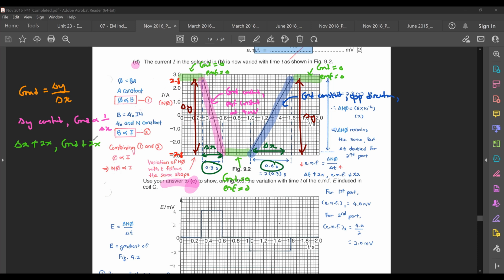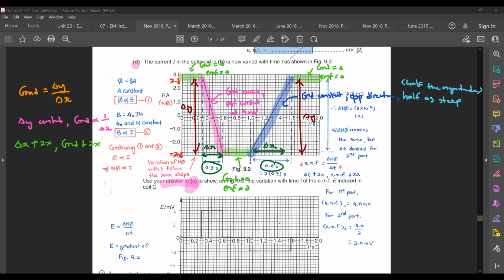It's actually half the value. So like in my case, this gradient here is constant, is opposite direction, is actually half as steep. Or rather, you can also say half the magnitude if you wanted to.